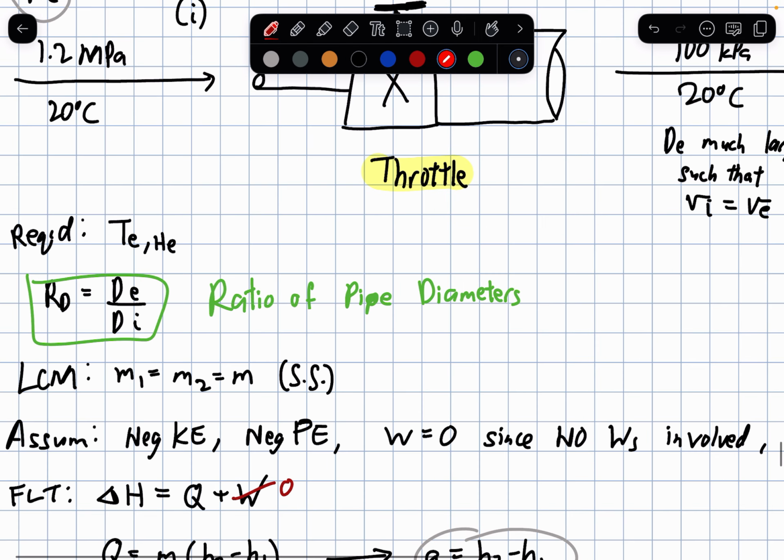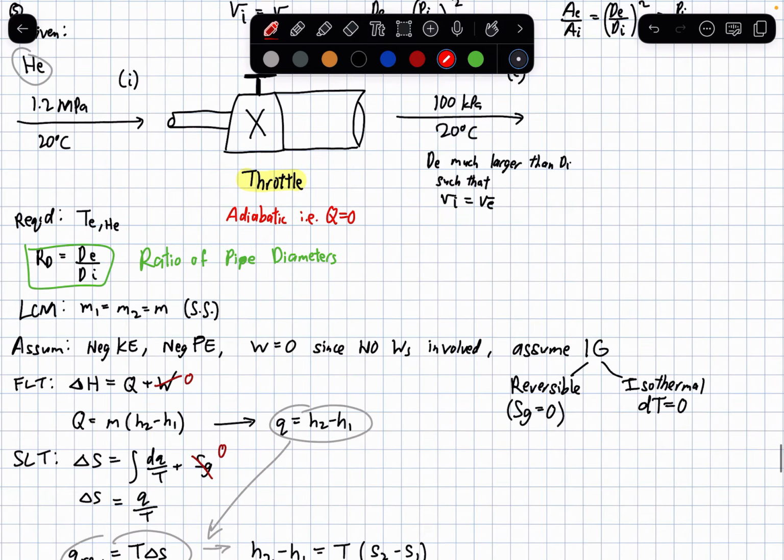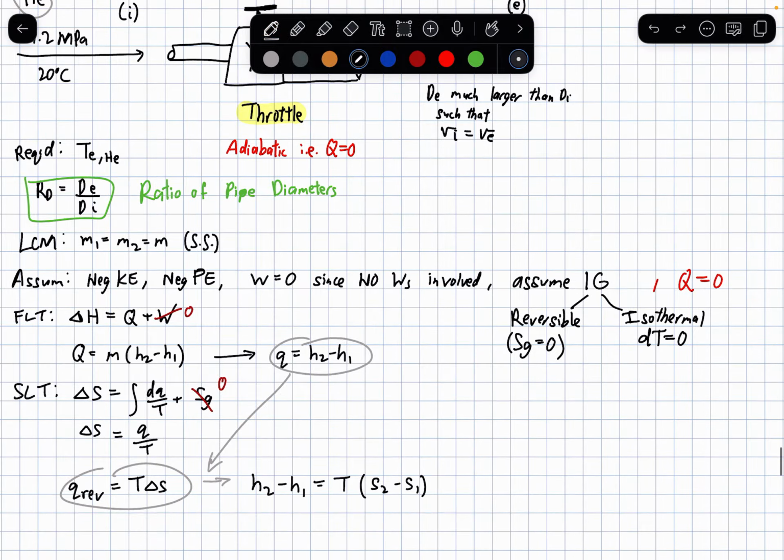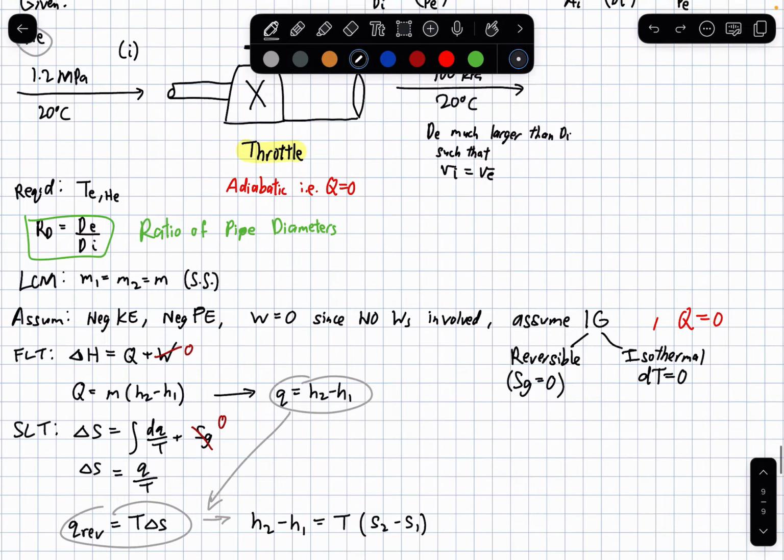For a throttle device, it is fundamentally adiabatic. That is, Q is 0. Not because we assumed ideal gas that we say that the process is adiabatic, no? We can say that under isentropic condition, it is adiabatic, but that is not the case here.